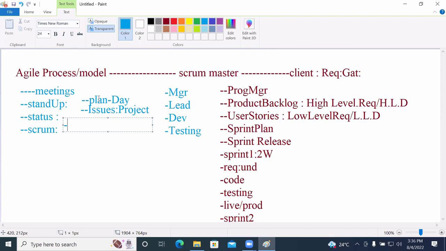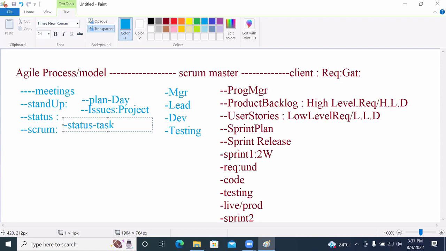According to that plan, you have to work, and by the evening, you have to provide the status. In simple terms, consider the progress of that particular task. Is it totally completed or is some part completed? What exactly is the status of that particular task?